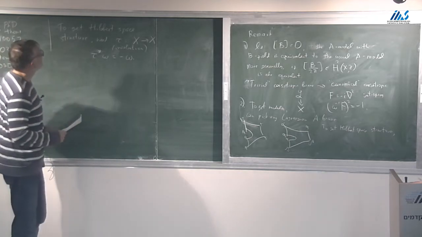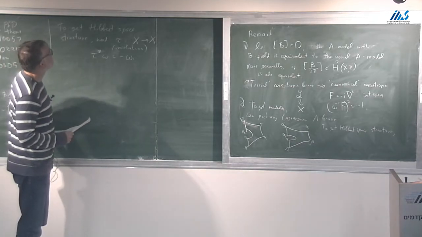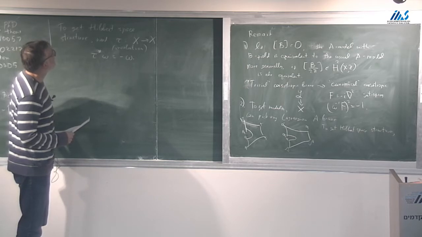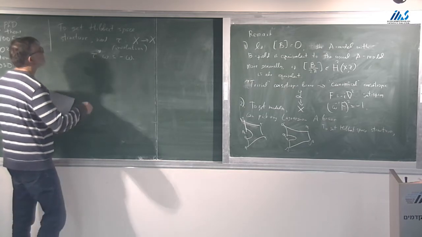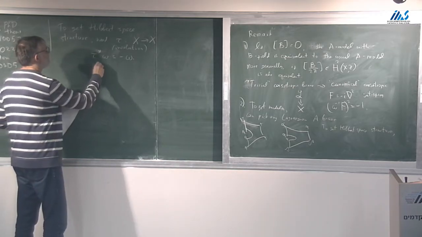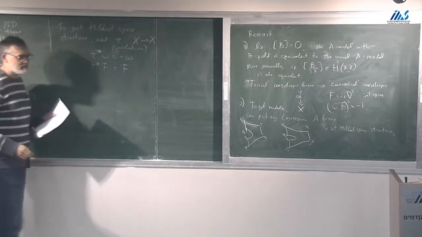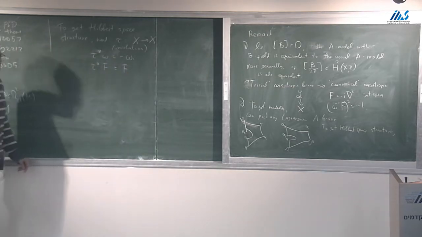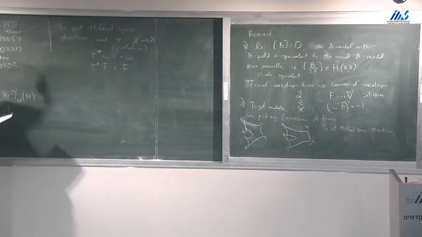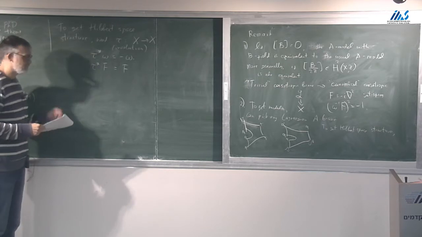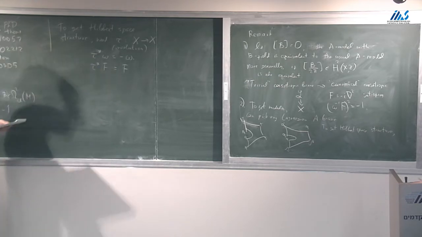Yeah, in a good situation, I think it's supposed to preserve it. Sorry, take it back. You should also have a condition like that, because then it's anti-holomorphic. Right, because I also want to preserve the brane, so the brane should go to itself.